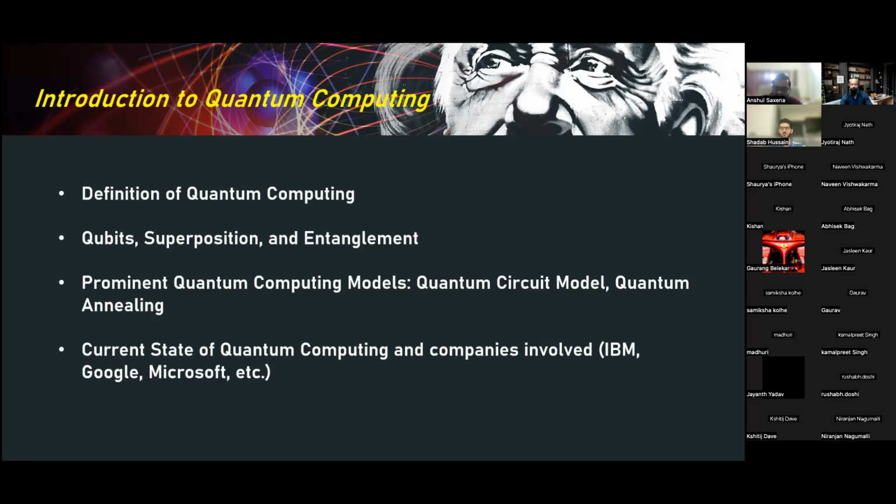Now, when we talk about qubits, it is the quantum way of processing the information, where we can say that there will be faster processing of the information, and the thinking power of quantum computing will be more due to the next two phenomena. So one is superposition and entanglement.